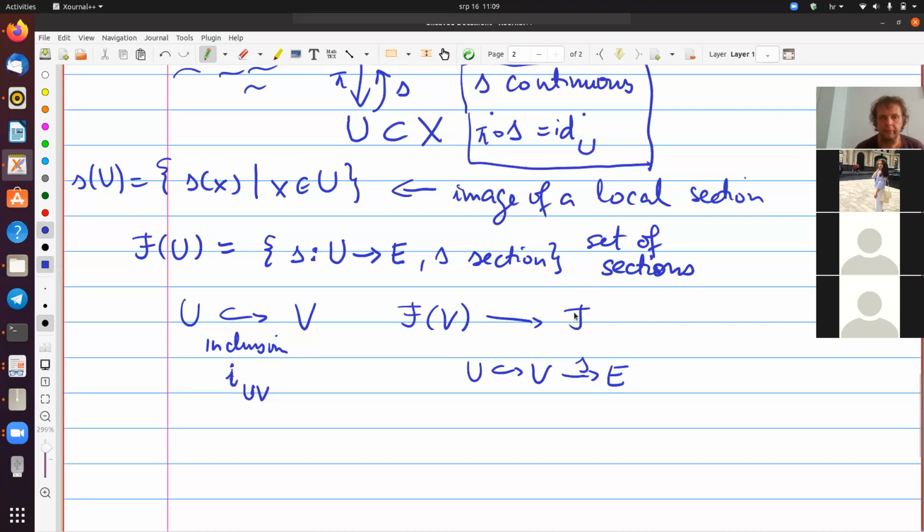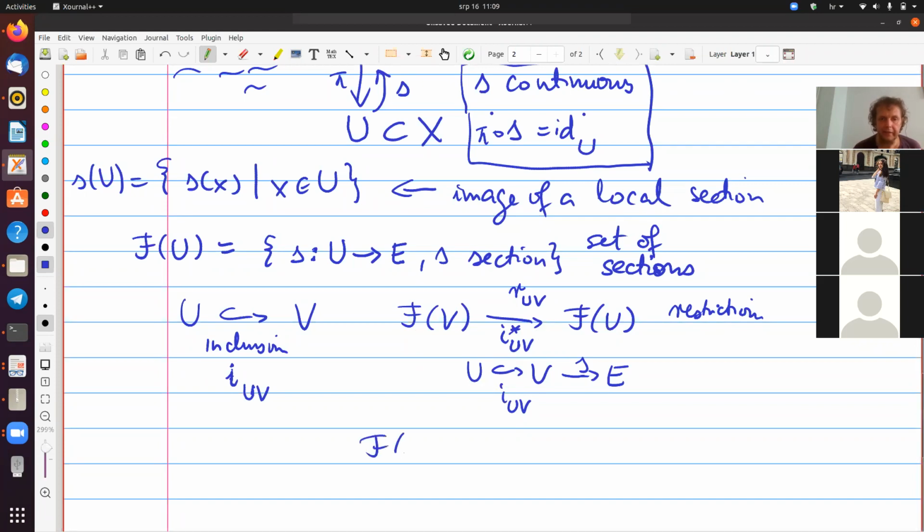So I have a map from F of V to F of U. If this is I_UV, then you get here some R_UV. Usually it is called R as a restriction, but you can also sometimes call it I star UV because it is induced by this I. And this is contravariant: if U goes to V, then F of V goes to F of U. That's why it's an upper star.